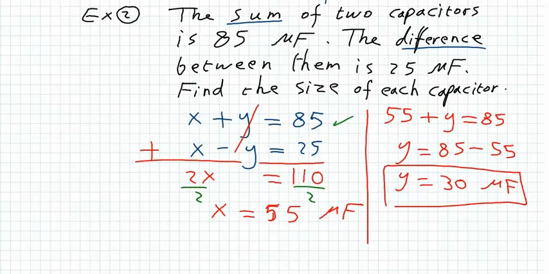Also, you can substitute them in the second equation. 55 minus 30 is 25, and that is also correct. By this, we are sure now that our solution is correct. By this, we reach the end of our lesson.